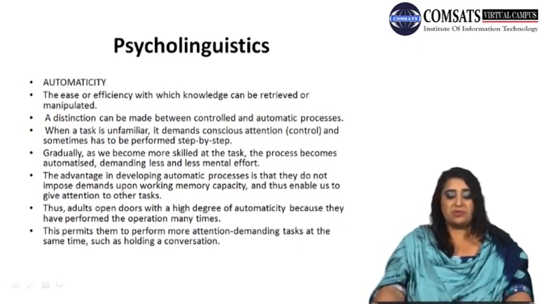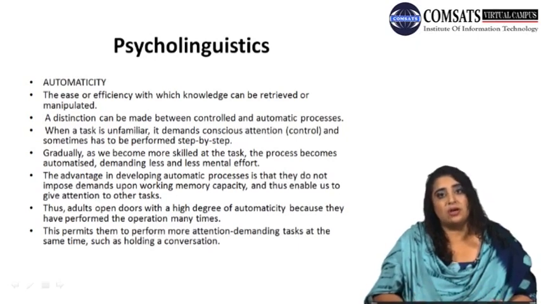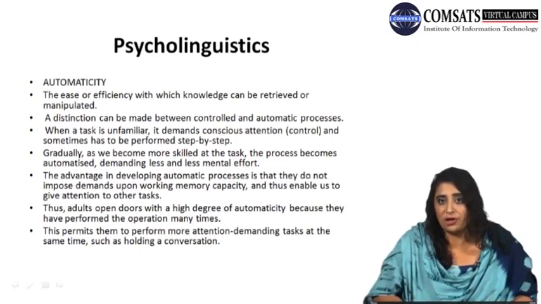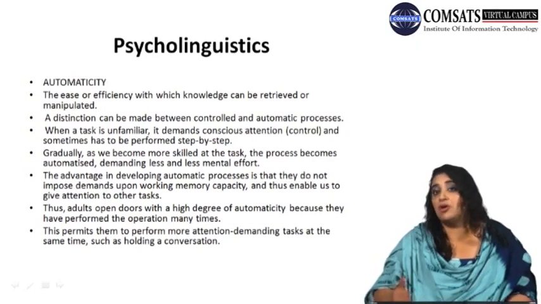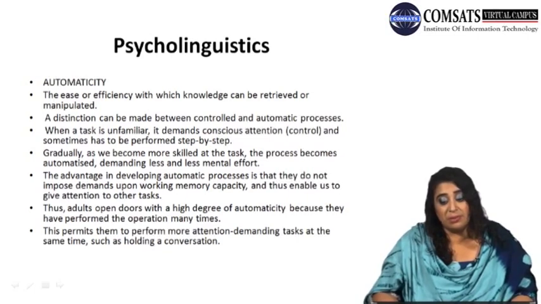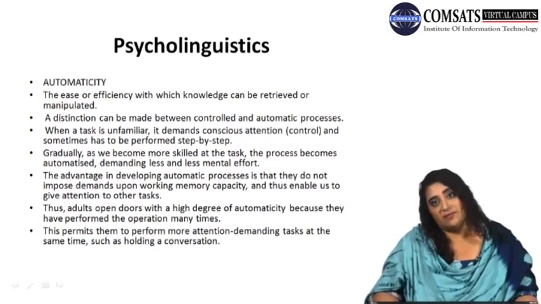You do that sometimes too. But some people, if they're working on the computer, cannot understand what you're talking about. Their lack of holding a conversation would be their lack of attention, and they have to put more mental effort into concentrating on what the person is saying. But if you excel in that skill, then for adults it's not that difficult to perform two things at the same time.